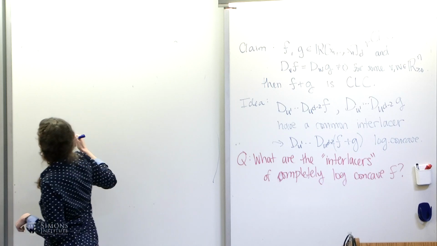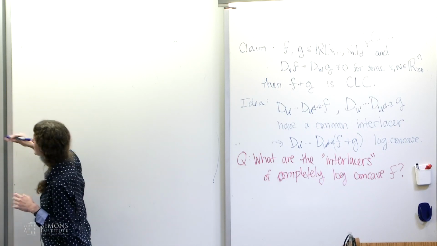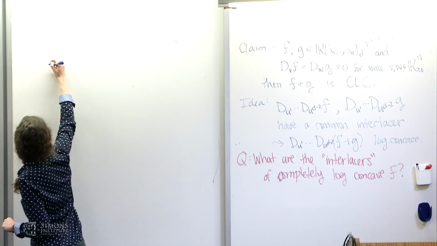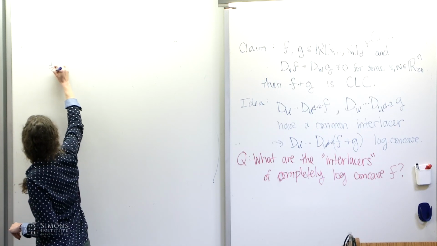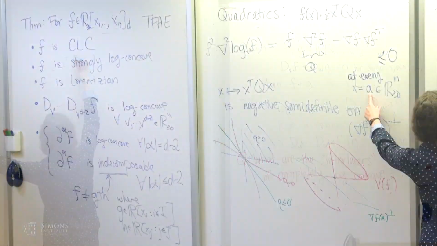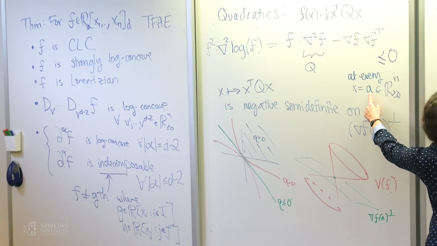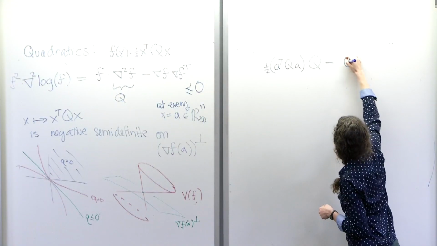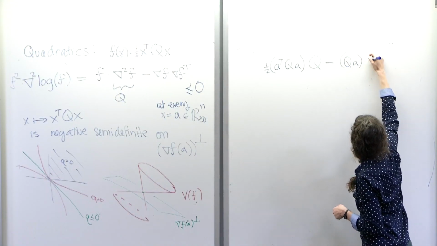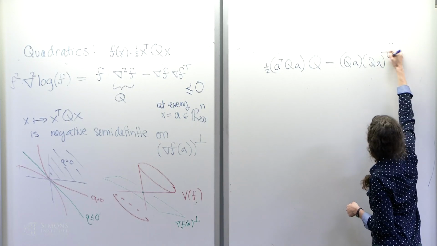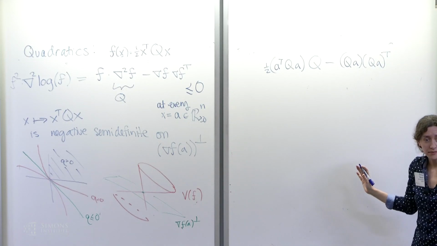Let's do it. Okay, so f, there's going to be constants that might go wrong, but let's ignore them. So I'm going to evaluate at some point. There's its Hessian, and that's my matrix.